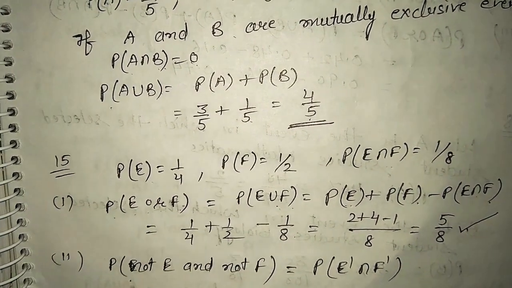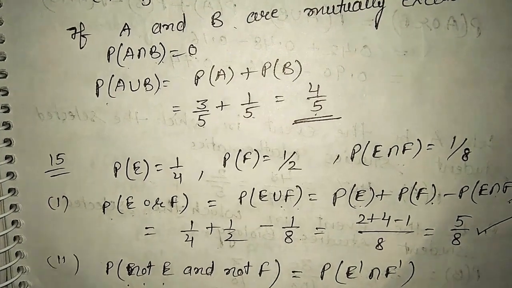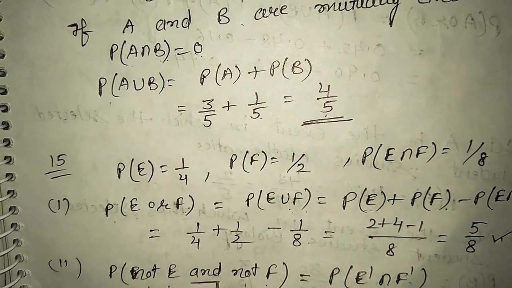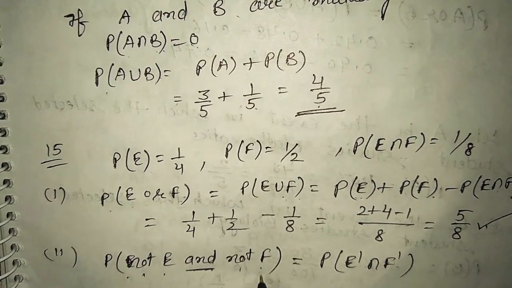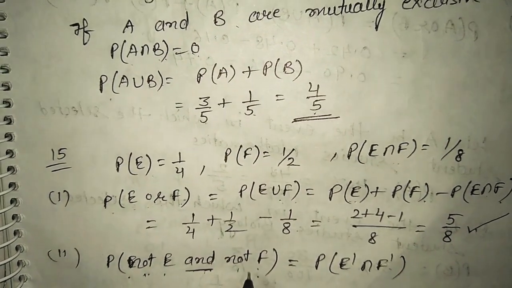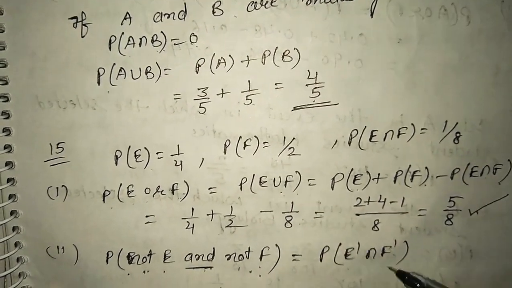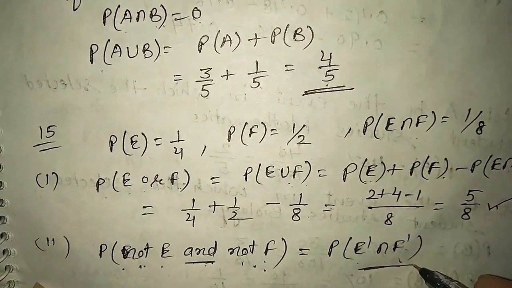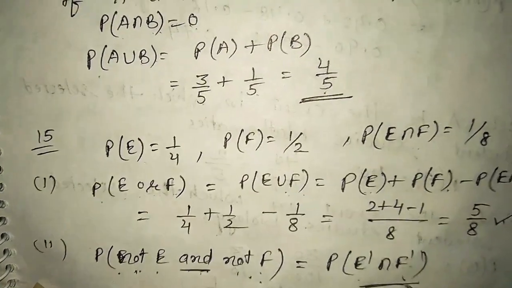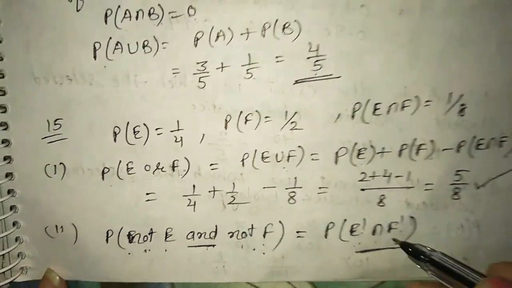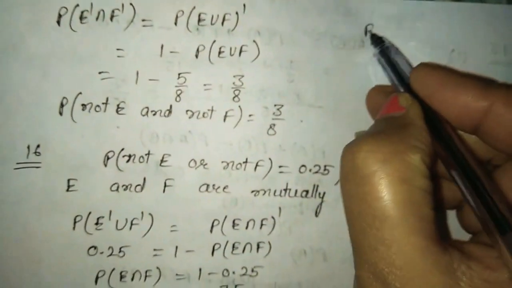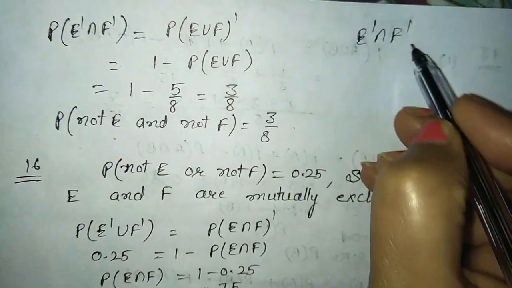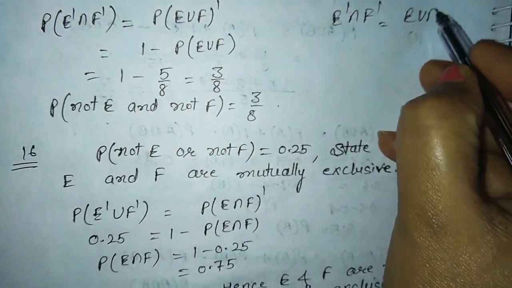In the next case, we want to find P(not E and not F). Neither E nor F, or not E and not F, are the same thing. So P(E complement intersection F complement), and we know De Morgan's law, which we discussed in the first chapter. We can write it as P of (E union F) whole complement.